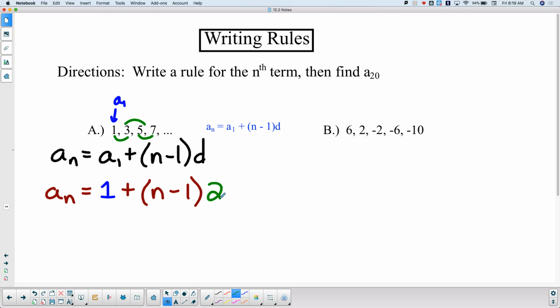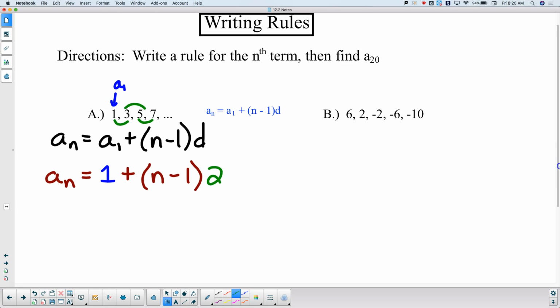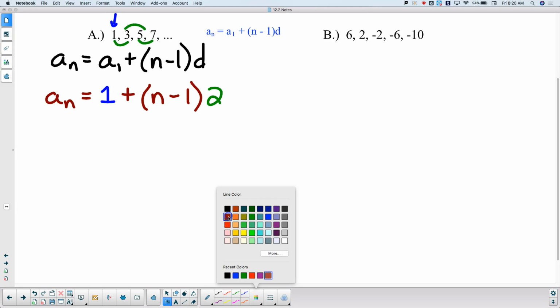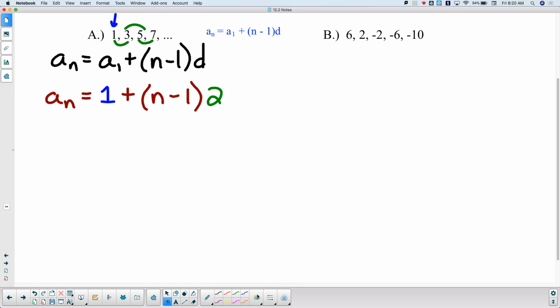Now, here's the wonderful thing about the maths. This is a rule, therefore it can be your answer.